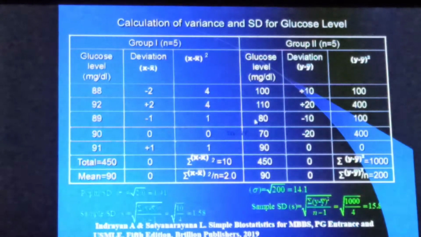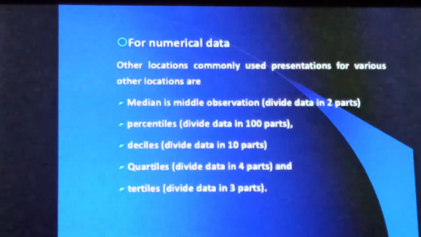The spread or dispersion of these values is very different, though the mean is the same in both. So mean alone cannot suffice to represent the data. Standard deviation, which is a measure of dispersion and is calculated like this, is needed.